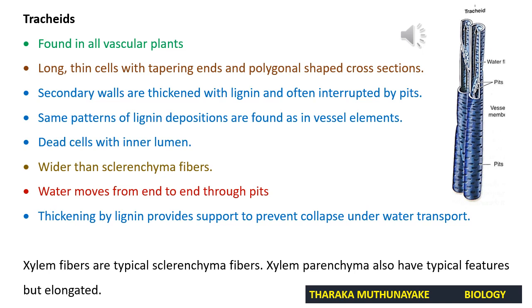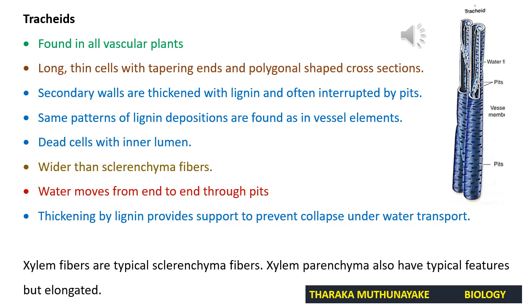Okay. Thickening by lignin provides support to prevent collapse under water transport. We mentioned it earlier as well. It's an adaptation found even in tracheids for conducting water. Then simply about fibers and parenchyma. Finally, it says xylem fibers are typical sclerenchyma fibers.